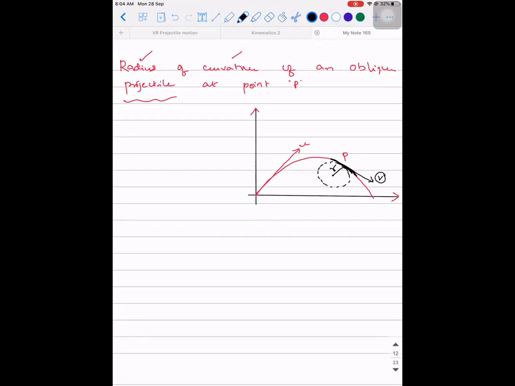So can I call this component the tangential component of whom? It is a tangent to which curved path? There are two curves that you are able to see: a parabola and a circle.